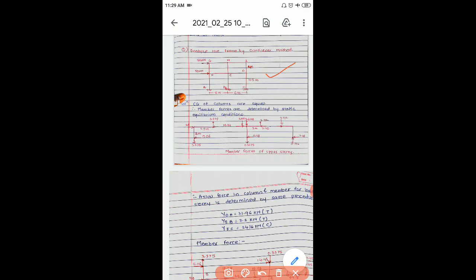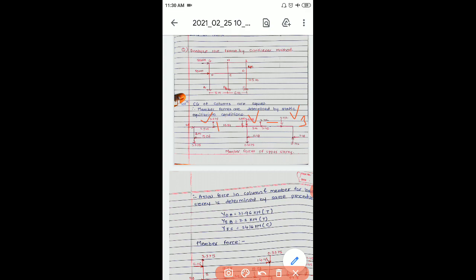As per assumption 3, axial forces are proportional to their distances from the centroidal axis. Suppose this is the V1 force, this is V2 and this is V3 axial force, divided by the centroidal distance from the vertical CG.